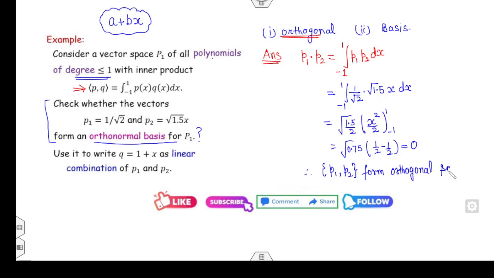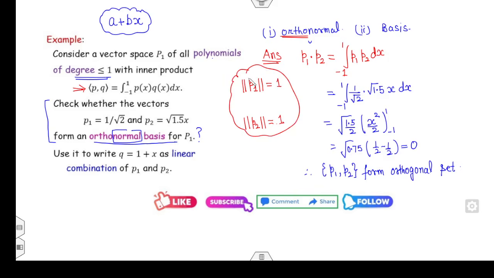But since we need the orthonormal, how can you prove the orthonormal? Instead of just orthogonal, your target is to prove orthonormal. For orthonormal, the second thing you need to prove is that the norm of P1 must be 1 and the norm of P2 must be 1. This is your target.